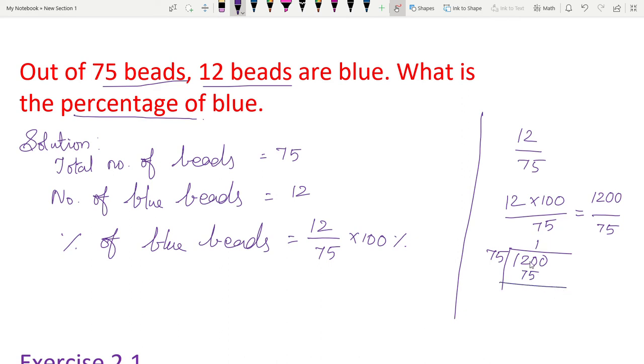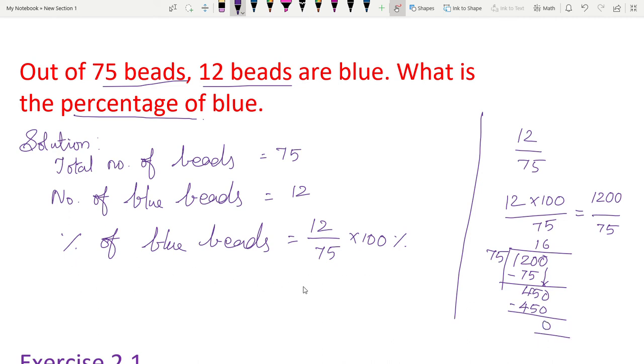We can subtract 75 from 120. What will be the answer? 45. We can take the next 0 down to the dividend place. How many 75s are there in 450? 6 times, isn't it? 6 into 75, 450. Now 450 minus 450, 0.